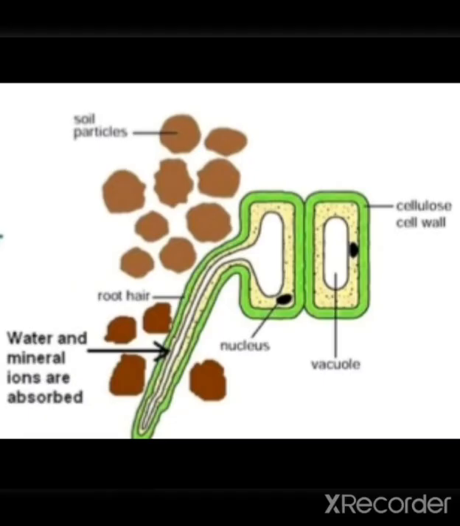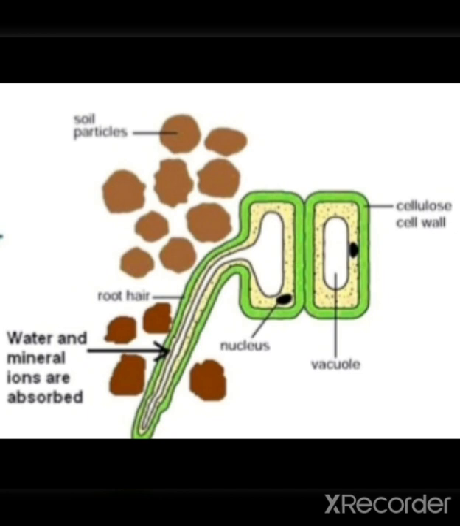Absorption of water and minerals occurs by diffusion through millions of root hairs present at the root tip. Root hairs increase the surface area for absorption.